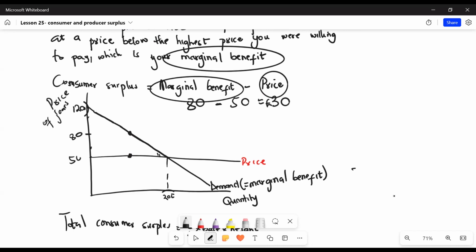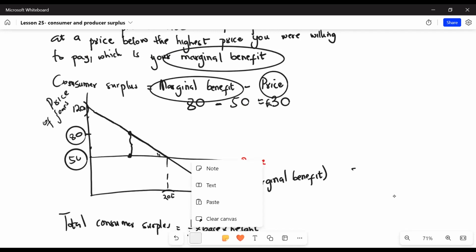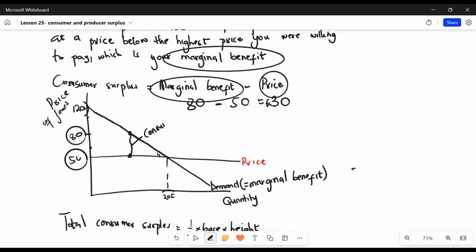So if you go into the market willing to pay £80 for a pair of jeans, but the price is £50, your consumer surplus is just this difference here. So this difference is your consumer surplus from this purchase.